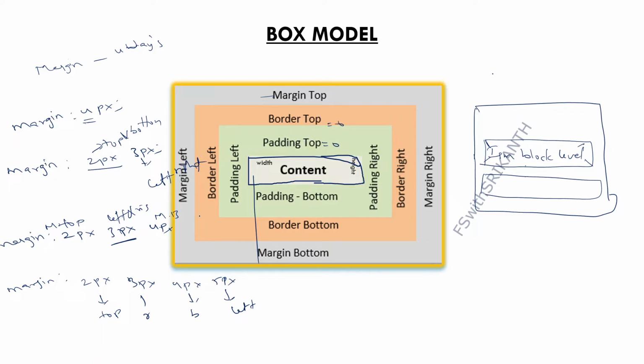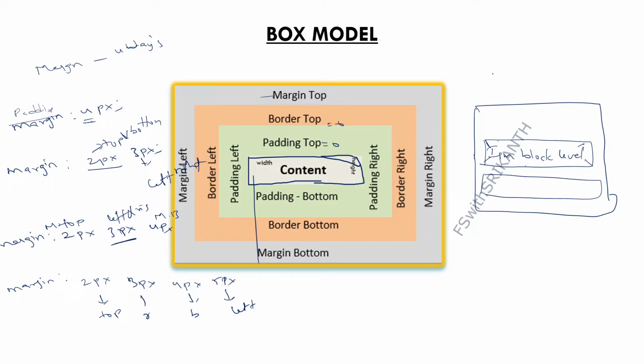What is padding? The space between the content and the border is called padding. This is the border and this is the content, and the space between them is padding. We can represent padding in the same way as margin. If we give padding in place of margin, one value applies to top, bottom, left and right.